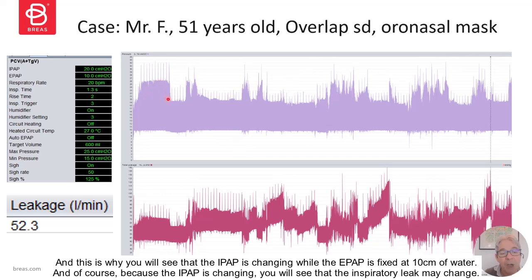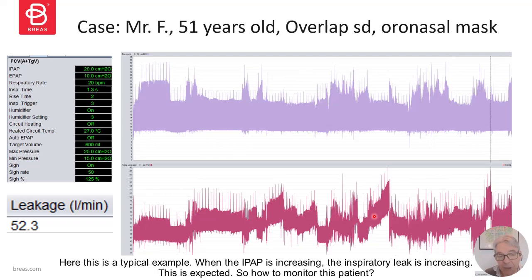And this is why you will see that the IPAP is changing, while the EPAP is fixed at 10 centimeters of water. And of course, because the IPAP is changing, you will see that the inspiratory leak may change. Here, this is a typical example. When the IPAP is increasing, the inspiratory leak is increasing. This is expected.